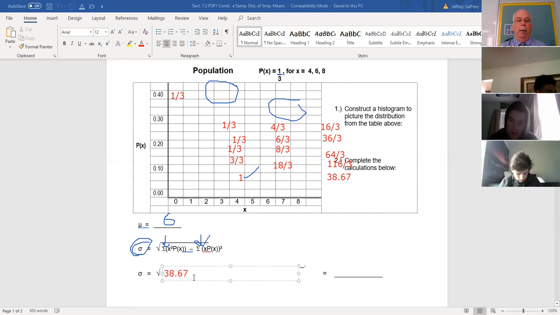And we're going to subtract from it the mean, which was 6, to the second power. That's 6 squared, right? So it's 38.67 minus 36, which came out to be 2.67.